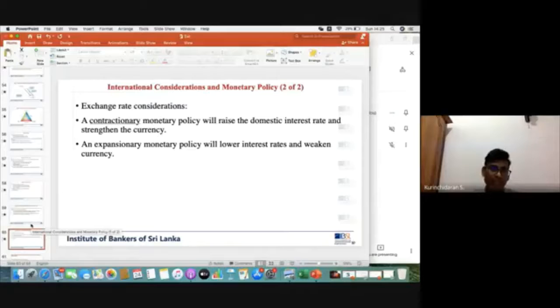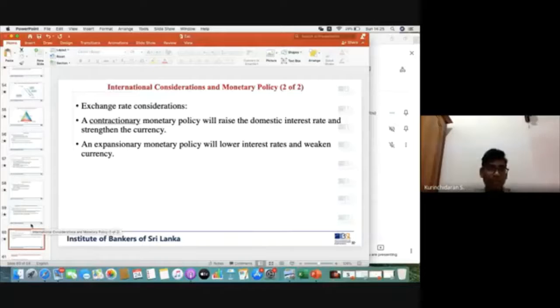And exchange rate consideration: a contractionary monetary policy will raise the domestic interest rate and strengthen the currency, right? Contractionary monetary policy means your money supply is going to decline. When the money supply declines, your domestic interest rate increases, right? So that strengthens the currency, our currency.